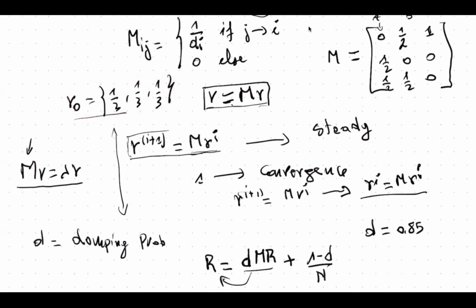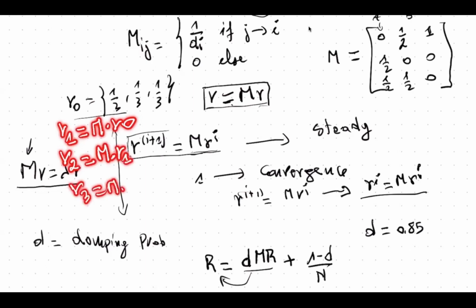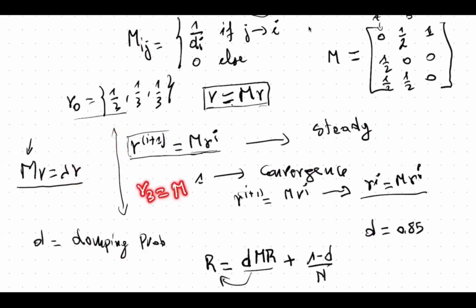Next you compute R1 as M multiplied by R0, and then you compute R2 as M multiplied by R1, and then you compute R3 as M multiplied by R2, and so on. Let's say the convergence state is reached at 3: every time you compute, R4 is equal to M multiplied by R3, R5 is equal to M multiplied by R4, and the value stays the same. This means that it is not changing, right?